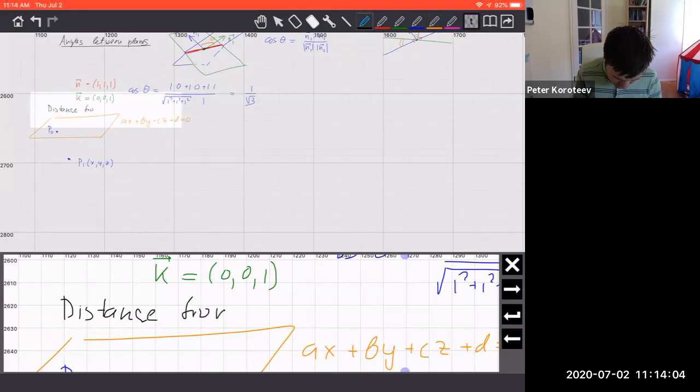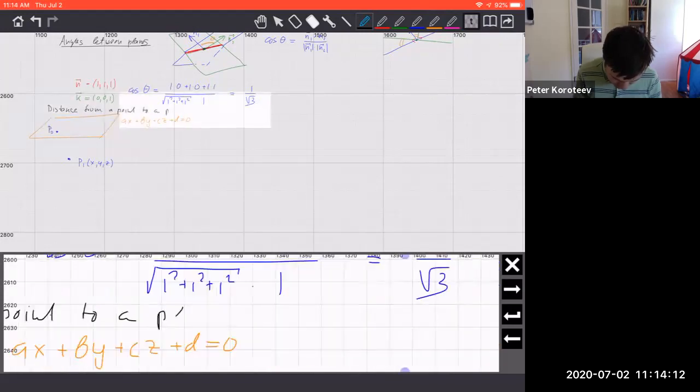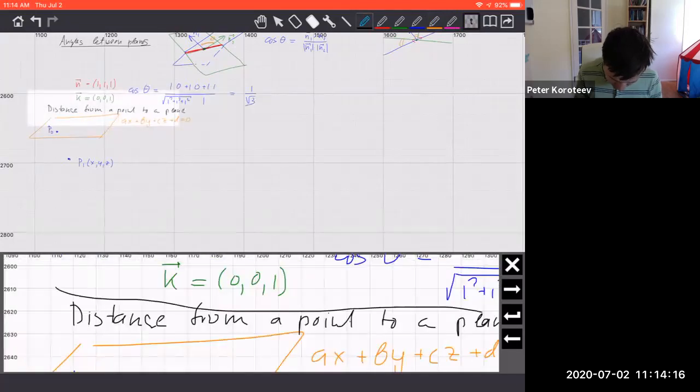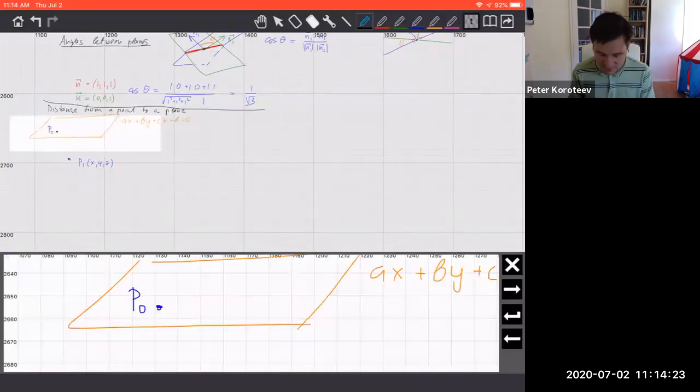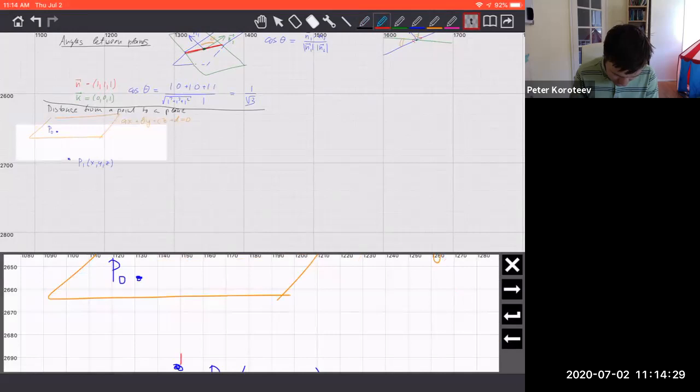The distance from a point to a plane. So if the plane is given by this equation, then we know what the components of the normal vector are.